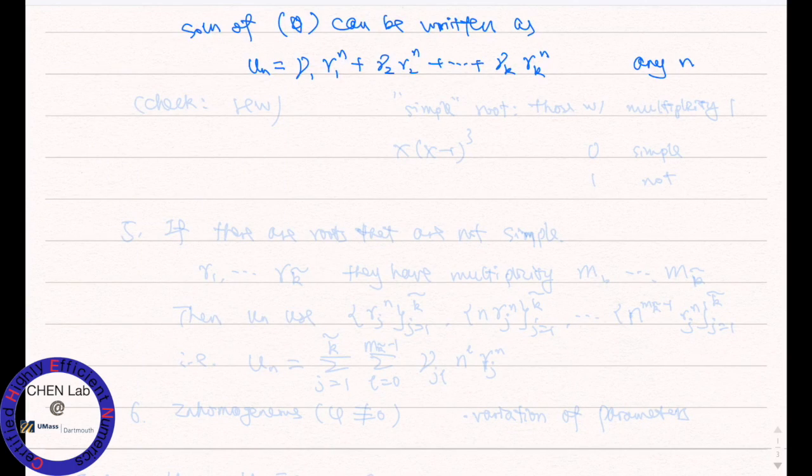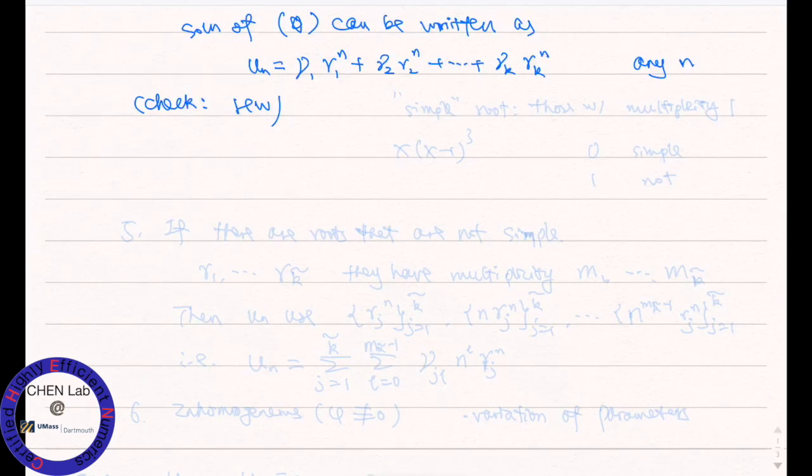So it's a linear combination of those roots to the corresponding power. You check this. This is a homework. It's basically what we did above, different combinations of what we did above.